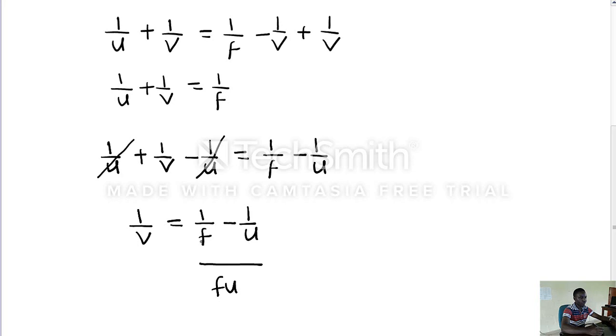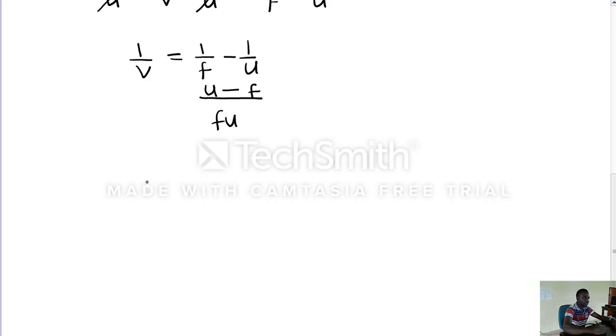Fu divided by f is going to give you u, and u times 1 will be u, minus. I'll do the same to the second term on the right hand side. Fu divided by u is f, 1 times f will be f, so that our equation becomes 1 over v is equal to u minus f divided by fu.